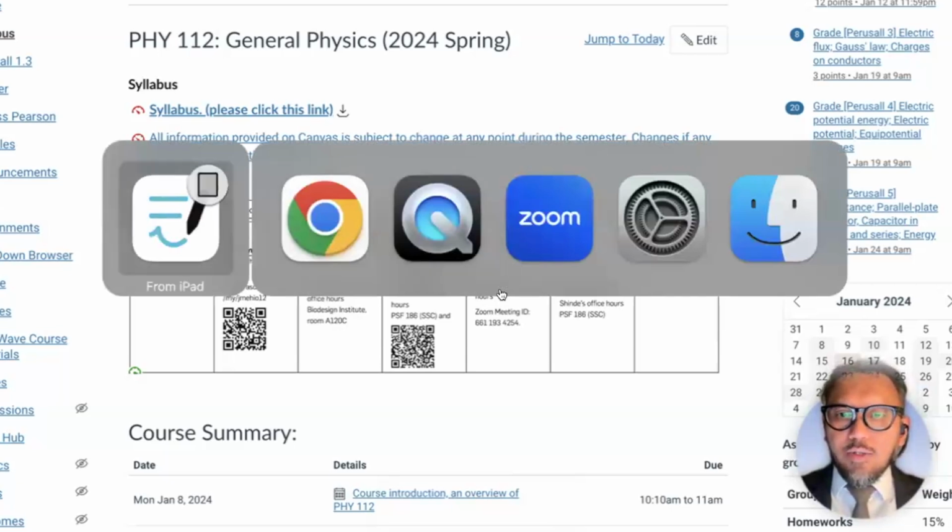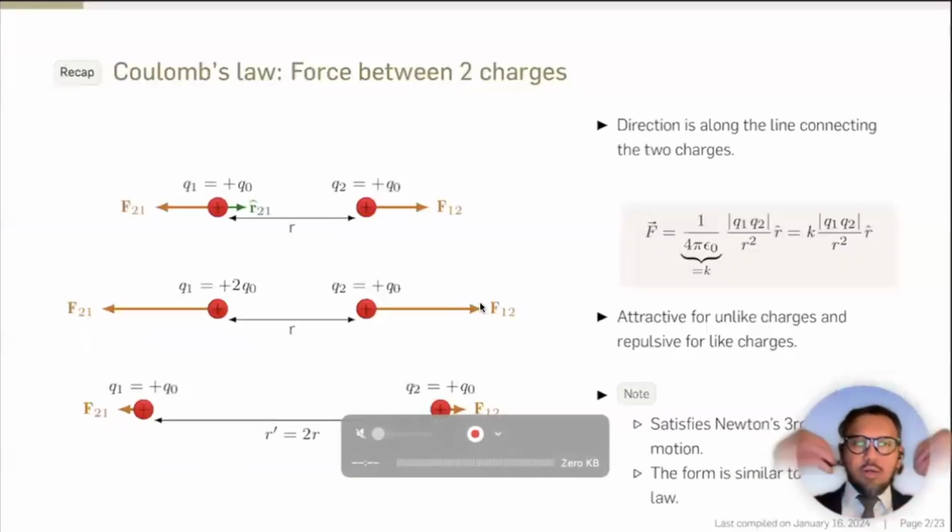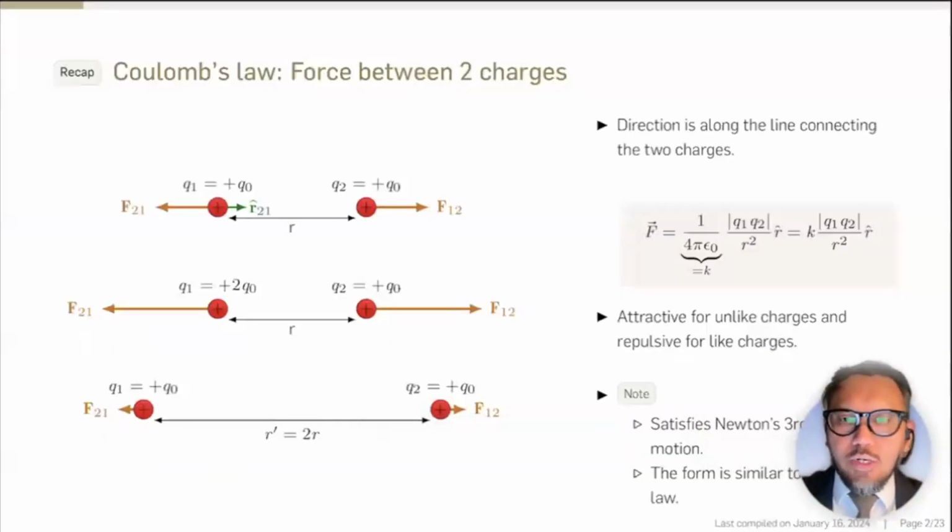So let's recap. From Lecture 3, we know that everything is made of atoms, and every atom has a nucleus.